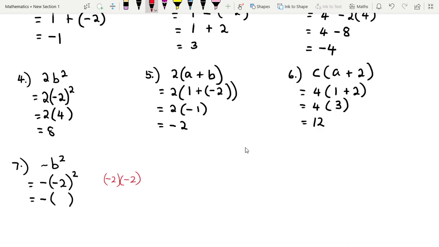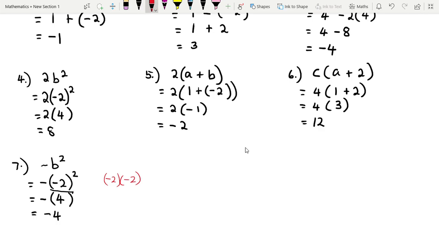So negative times a negative will give you a positive, and 2 times 2 would give you 4. So all I've done in the red here is that part there. And that's important that you do that first. You first do your indices, and then you multiply by the negative on the outside. Okay, and my answer is going to be -4.